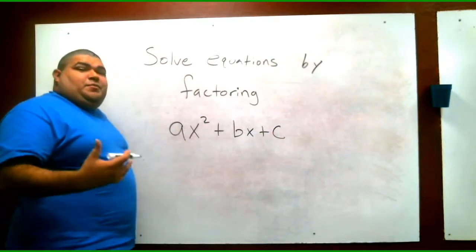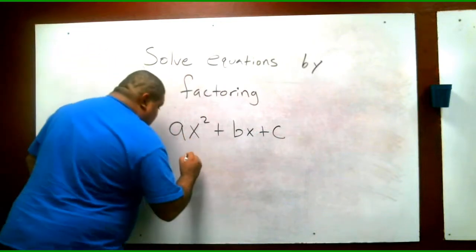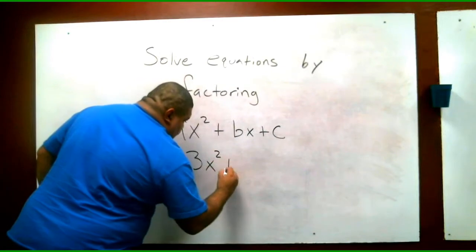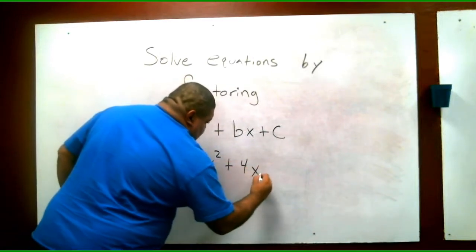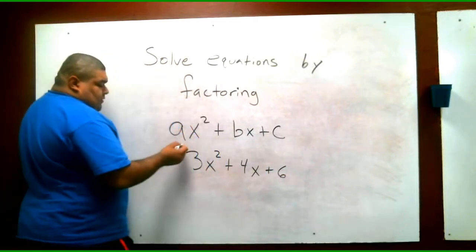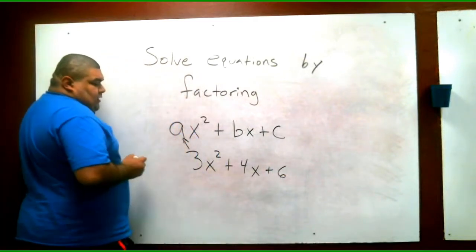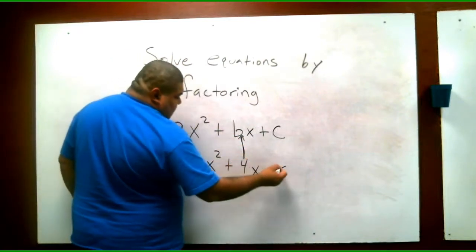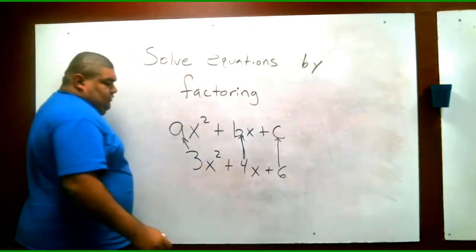So in number form, it might look something like this. We might say 3x squared plus 4x plus 6. The 3 is your a, the 4 is your b, and then the 6 is your c.